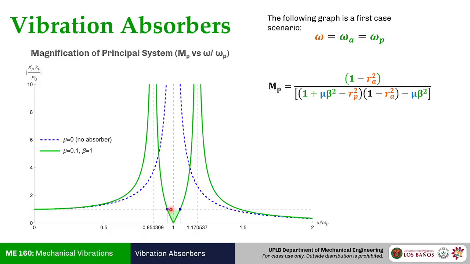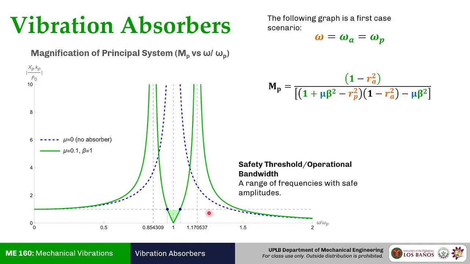So if I want to locate a safe frequency range for my system, I will look for the region of my green curve here that is under the M equals 1 line. And this region here is what we call the safety threshold or the operational bandwidth. This is the frequency range wherein I see safe magnification values.